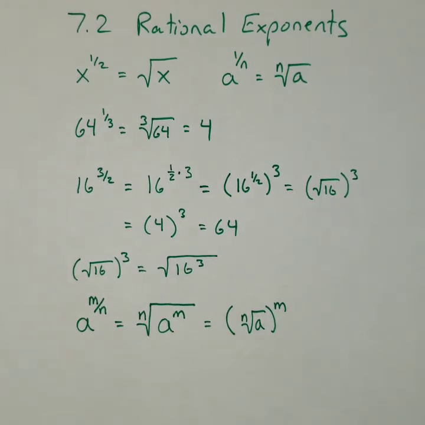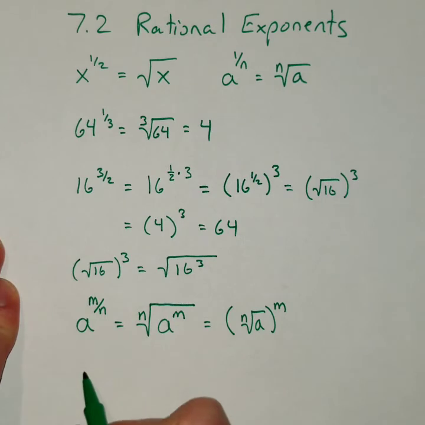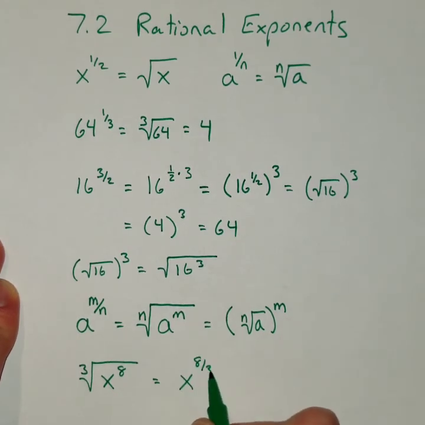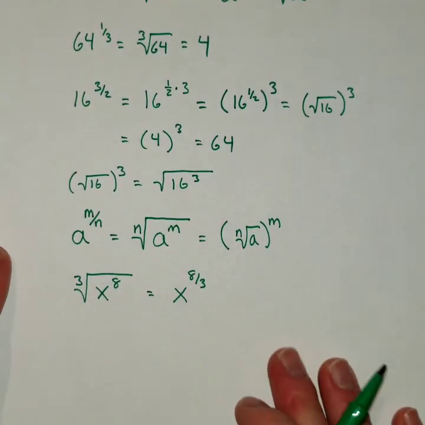Okay, so now we can do a couple examples where we just convert these things. So if I did the 3rd root of x to the 8th power, well, I can convert that to a rational exponent and call it x to the 8/3 power. Okay, the power of 8 becomes the numerator, the root of 3 becomes the denominator.